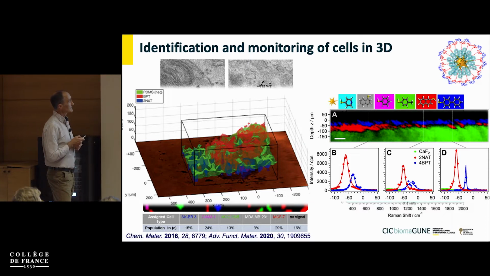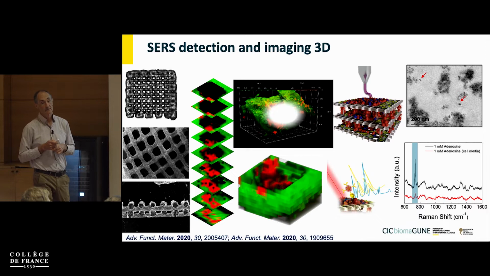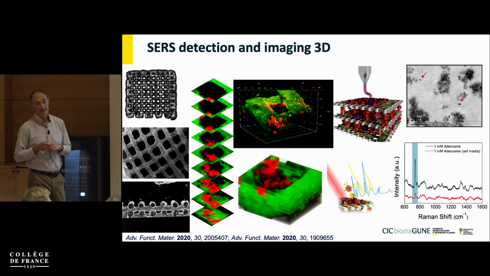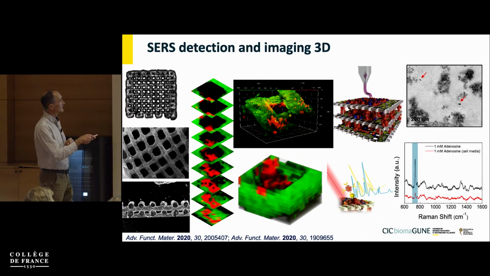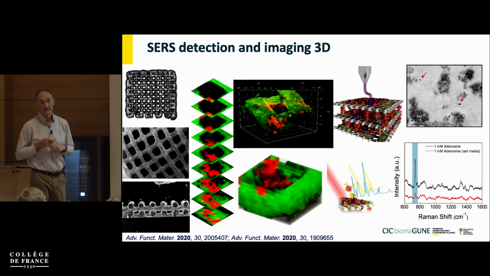The way to do this is, as I said, by incubating in the same scaffold the analytes and the cells. And so what you see here is what you would expect if this should work. Meaning that with the same laser beam, you're exciting at the same time the Raman signal of the analyte, which goes inside of the scaffold, and the Raman signal of the Raman tag that is labeling the cells.